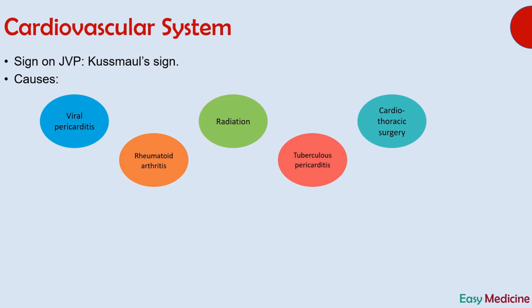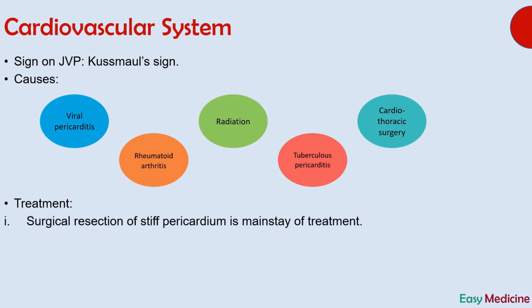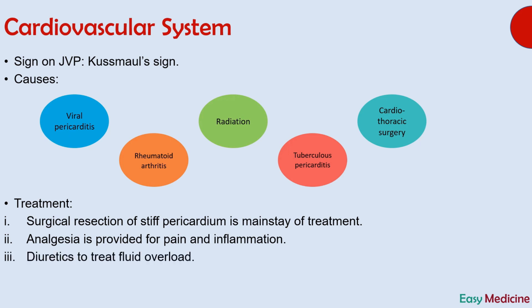And the last part of the question asked about treatment. The mainstay of treatment of this condition is surgical resection of stiff pericardium. Analgesia is provided for pain and inflammation, and fluid overload such as ankle edema or ascites, as seen in the scenario, is treated with diuretics. And here is the blue box with reference page numbers from Davidson from where these answers are taken.